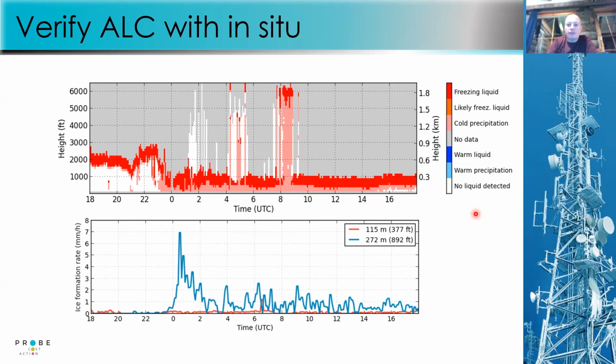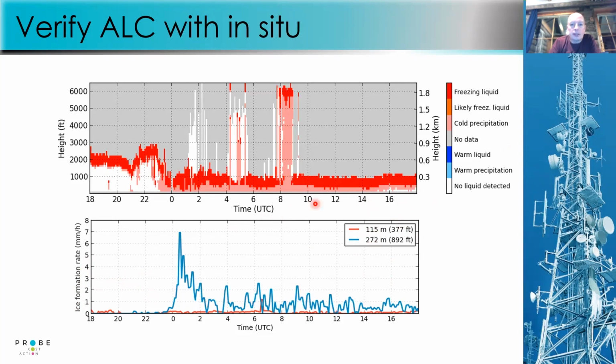What we actually have is a mast similar to this at the same location, and at the top of it we have one icing detector halfway up the mast at about 100 meters, and we have another one at the top of the mast at 270 meters, and that's the one in blue. And what we have here is the ice formation rate as measured by the in situ sensor sitting on the mast.